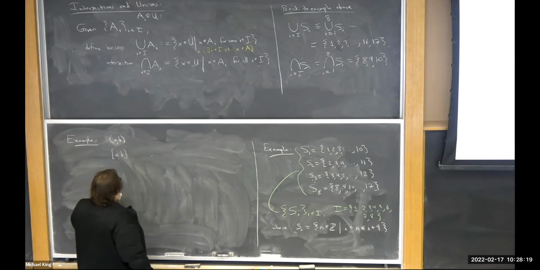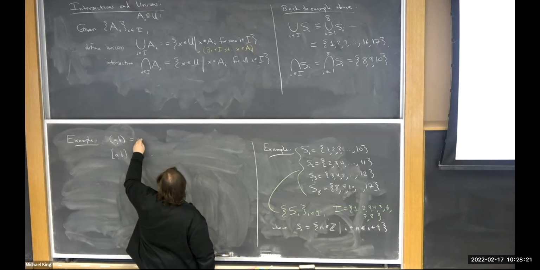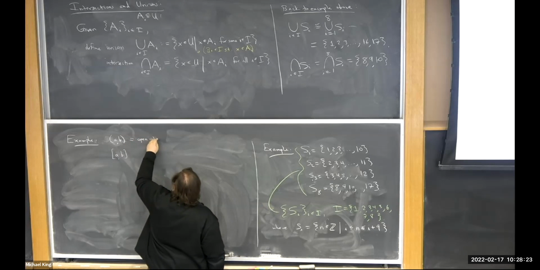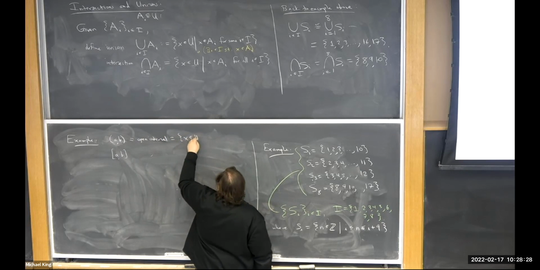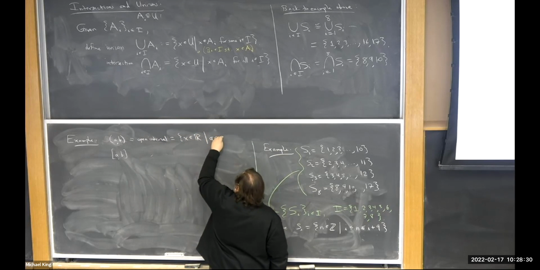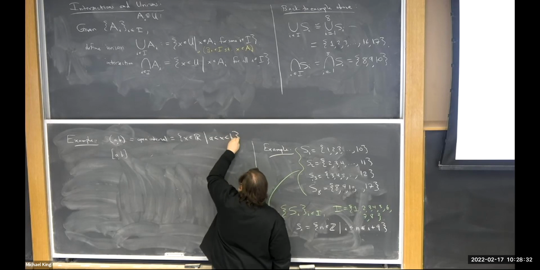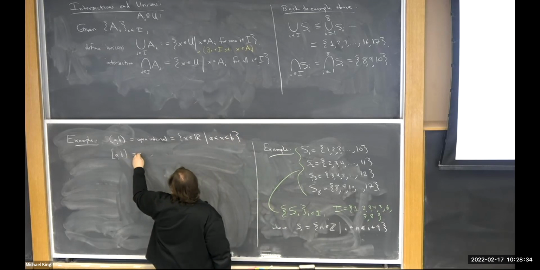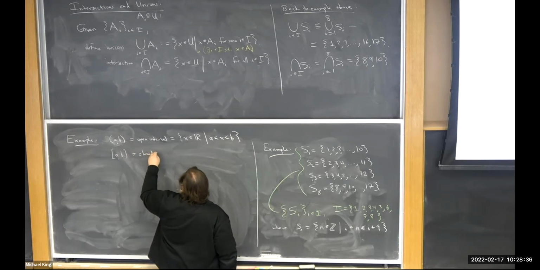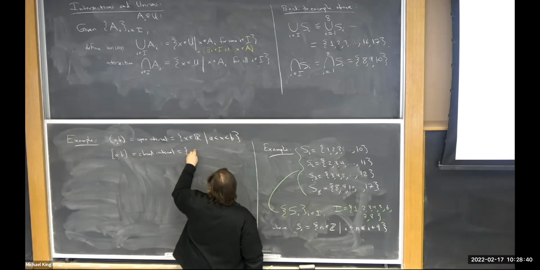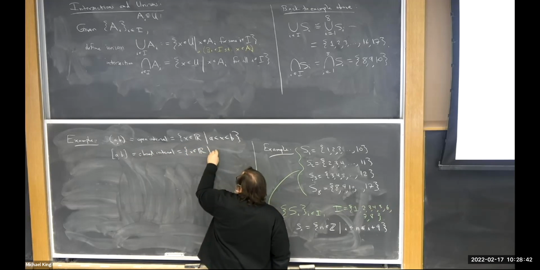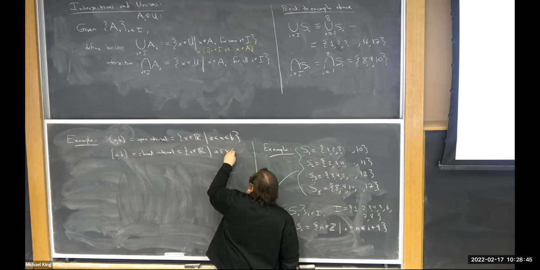So this is the notation for the open interval, which is the set of x in the real numbers such that x is strictly between a and b, and this is the closed interval that allows the endpoints to be equal.